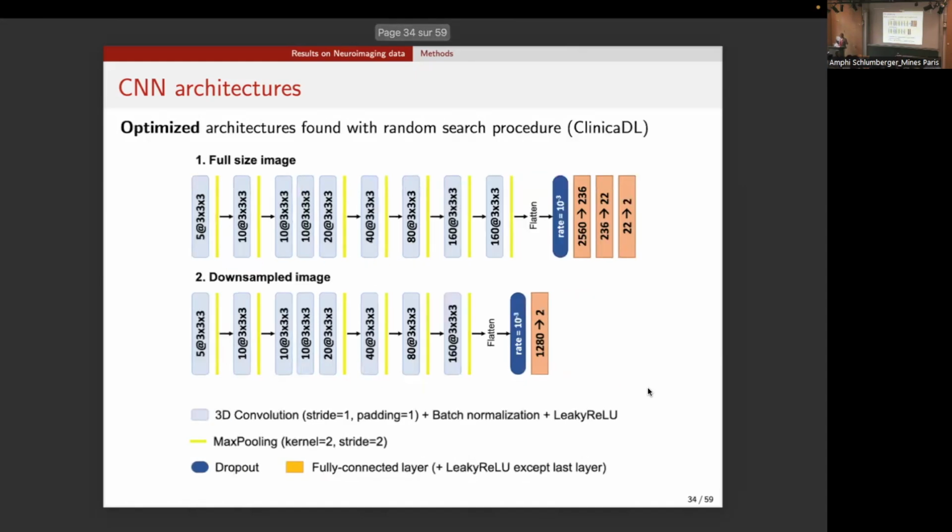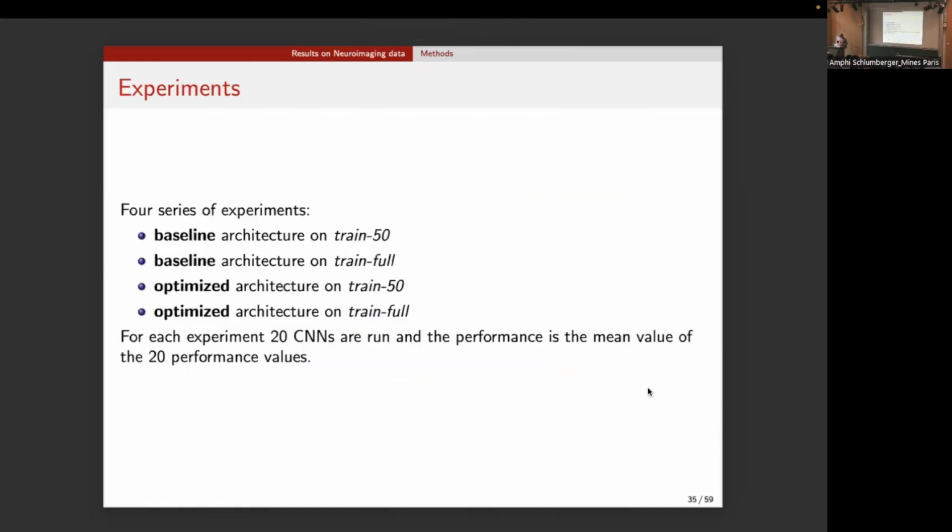But this one was for the reduced data set, the subgroup that we've used. Okay, so four types of experiments: the baseline architecture with 50-50, so 50 control, 50 Alzheimer's; the baseline architecture with 200-200; and the optimized architecture with these two training sizes.